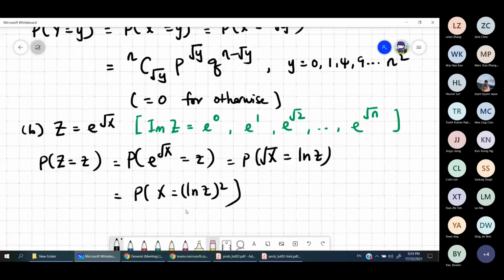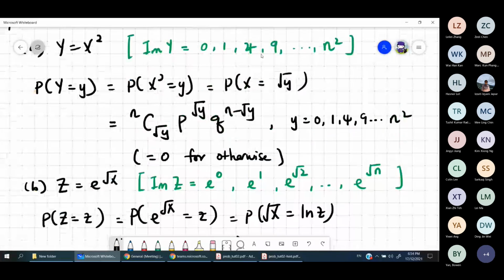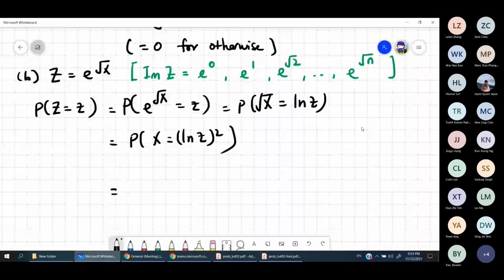So again, what you need to do is substitute into the formula. So then you can see this is NC, and this is supposed to be your x.